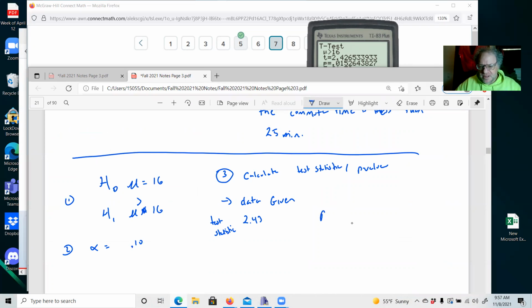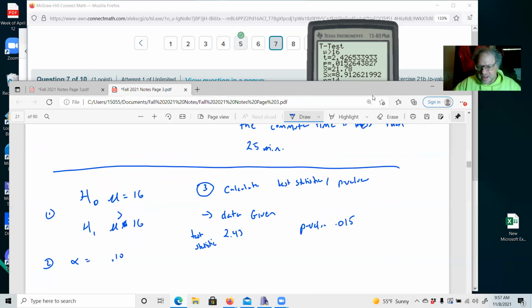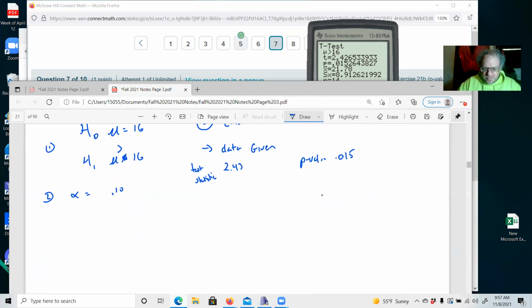P-value was 0.015, okay? And that's all we really needed to know. What was our cutoff, right? Our p-value is 0.015. Our alpha was equal to 0.10.